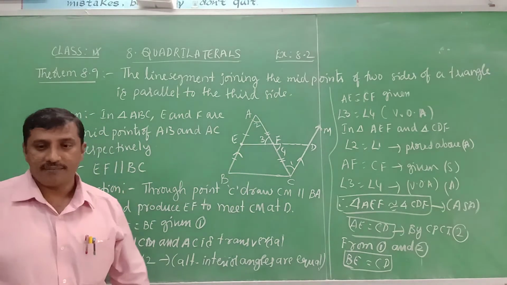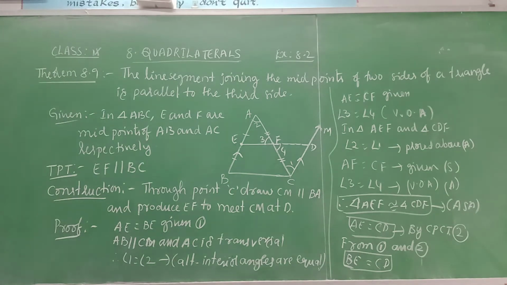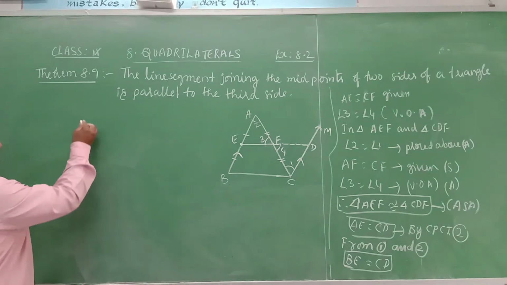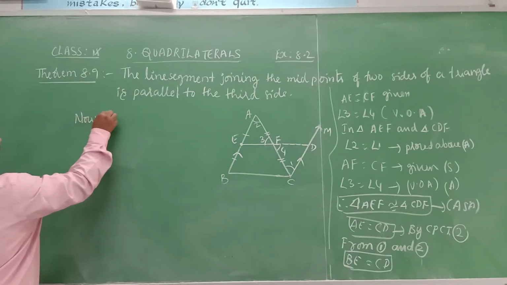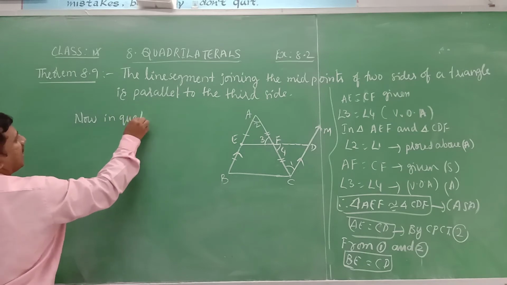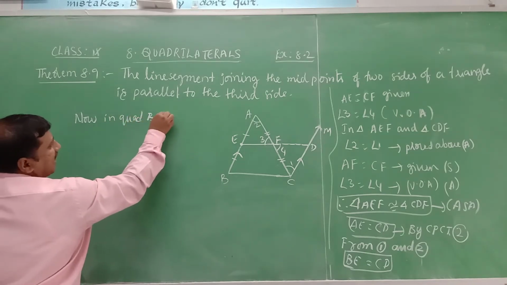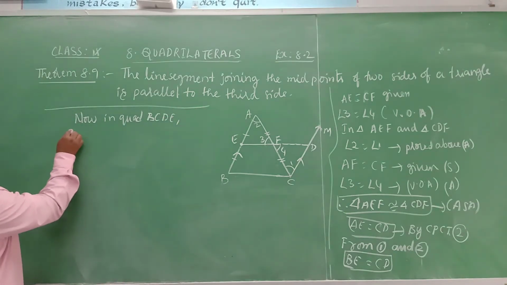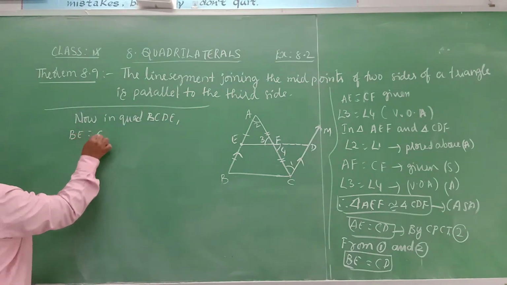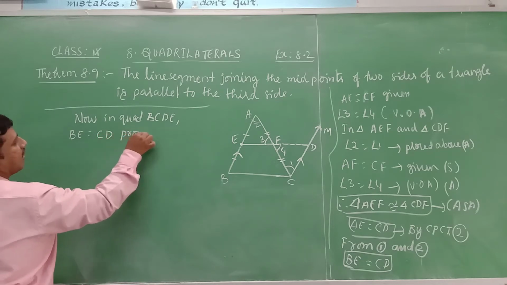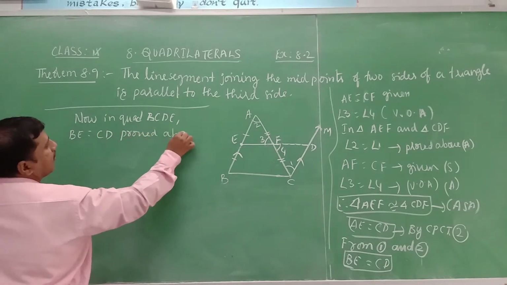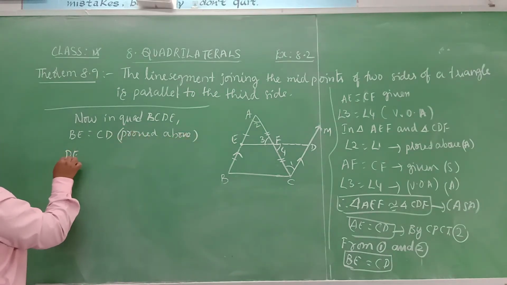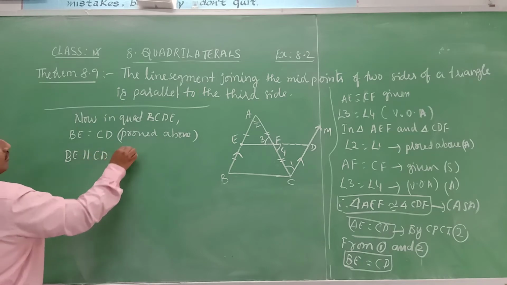Yes, we will continue here. Now in quadrilateral BCDE, BE is equal to CD, proved above, and BE is parallel to CD through construction.